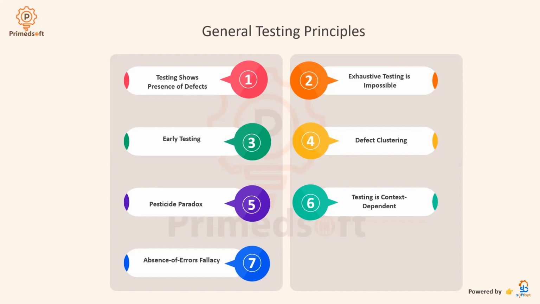The next one is testing is context dependent. What does that mean? From the words testing is context dependent, you can actually deduce what it means. Testing approach and techniques should be adopted based on the context of the project.